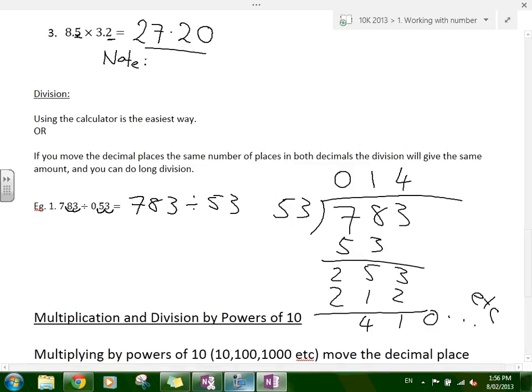So Annabelle, find on your calculator please what this actually is. 7.83 divided by 0.53. Alright. We're not subtracting. What am I subtracting? Oh, this is long division.